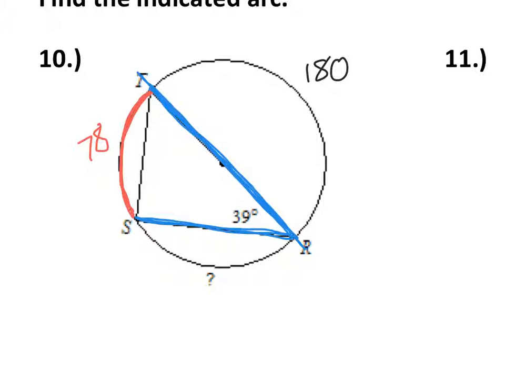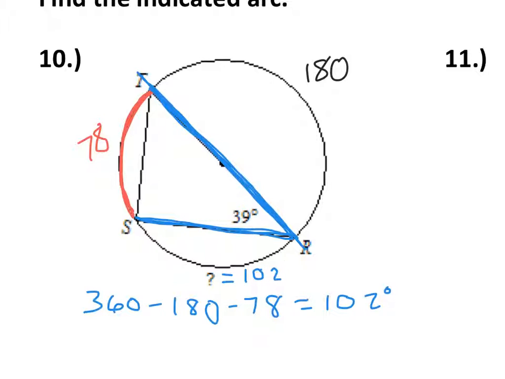So the last thing we have to do to figure out the question mark is subtract 180 and 78 from 360. 360 minus 180 minus 78 equals 102. So we know that the question mark measure is 102 degrees.